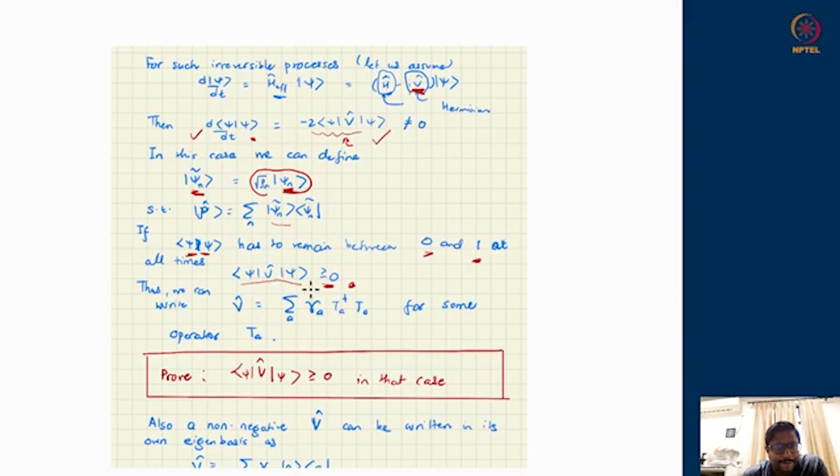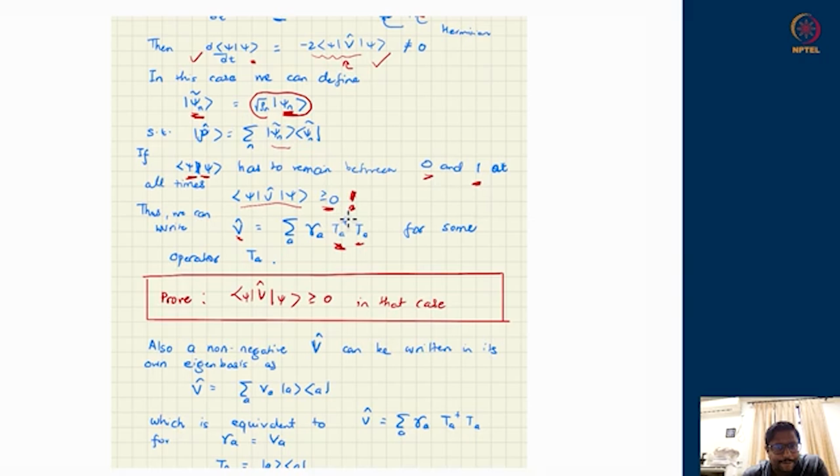And by that, we already know, if that is the case, the dissipative operator V can be written in terms of some other operators T and its Hermitian conjugate T dagger. It should be a Hermitian operator, of course. You can now verify that not only is V Hermitian, suppose T is any operator, T does not have any property to become Hermitian or not, but since T dagger T has appeared, this makes it Hermitian.